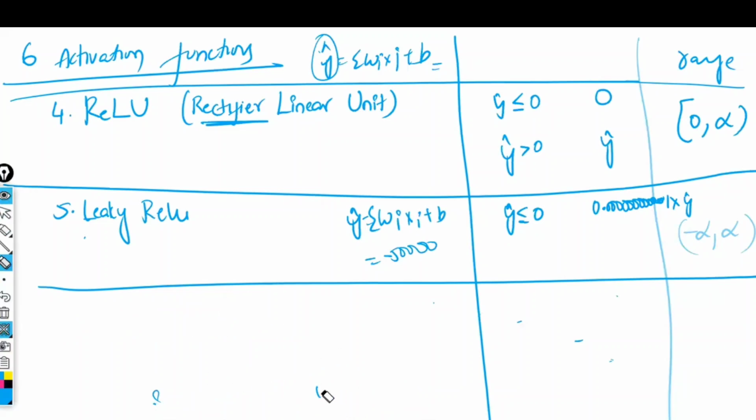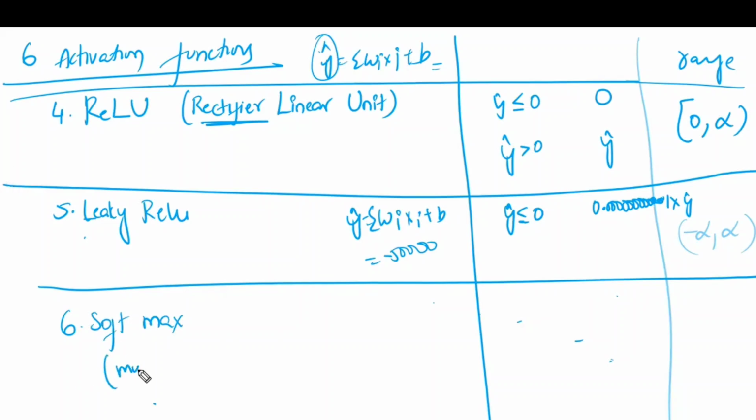The last one, the sixth one, is called softmax, which is very soft. Softmax is used only when we have a multi-class problem. For a multi-class problem, softmax is the one and only option. There is no other option for it.